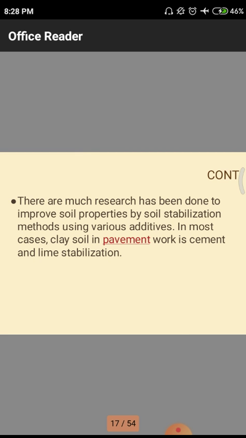Day by day, we are facing different difficulties in our construction sites, so the scientists have to implement solutions. They have to find different agents to restrict those problems, so researchers and research scholars do different experiments in their research work to improve the soil bearing capacity and other leakage parameters.